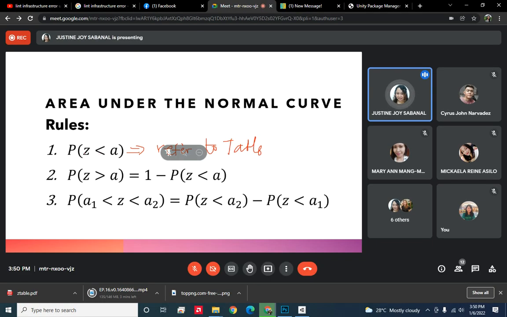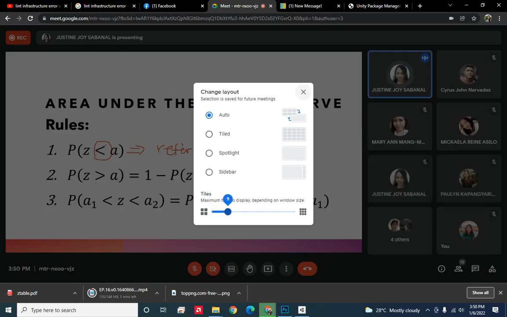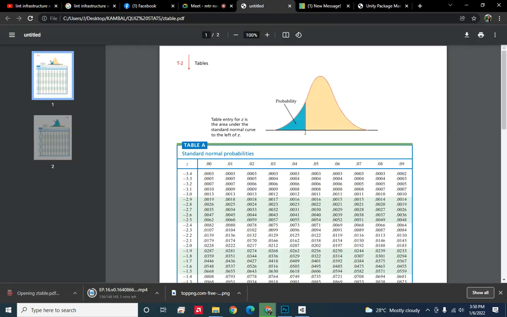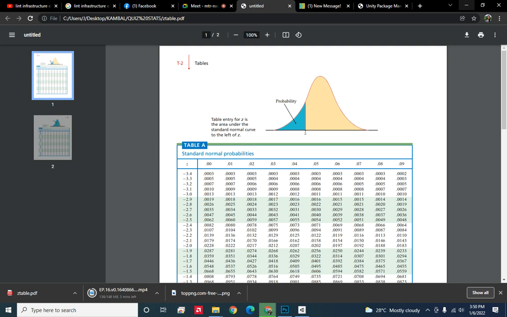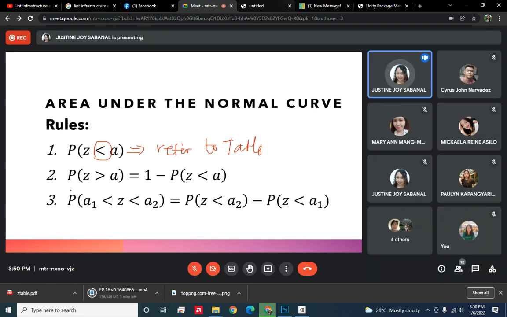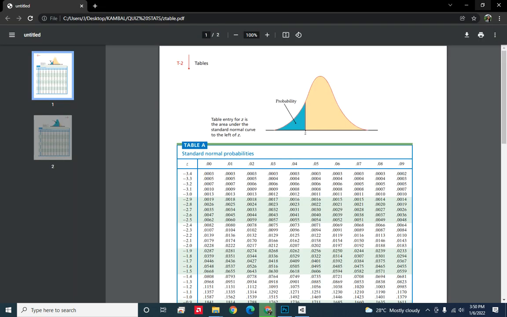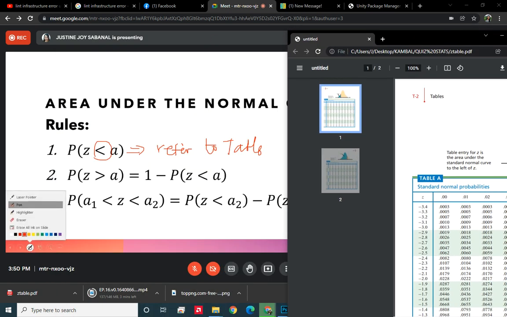Basta ang illustration, less than, to the left, smaller value. So, yan yung titingnan. Walang computation pagdating po sa less than na aspect. Pero pag greater than na yung hinahanap, probability of Z that is greater than A, so it is expressed as 1 minus probability of Z less than A.